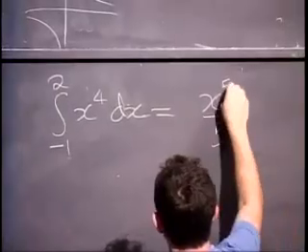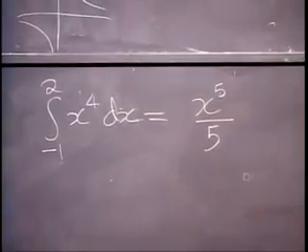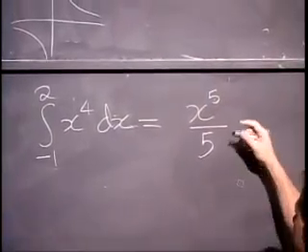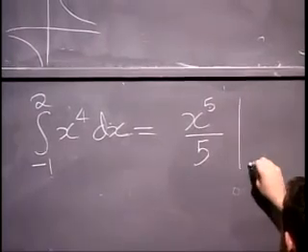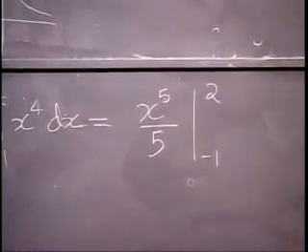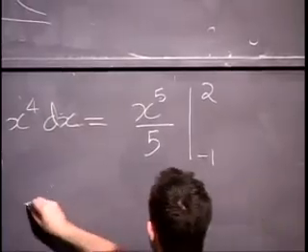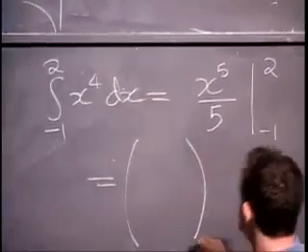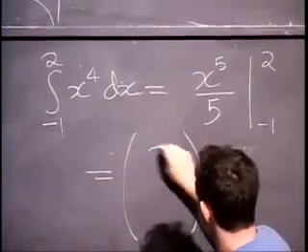You add 1 to the exponent, then divide by the same thing. You don't need the plus c, you just put this vertical line and go from minus 1 to 2. The only trap is to make sure you put enough parentheses. Take big parentheses there if need be.